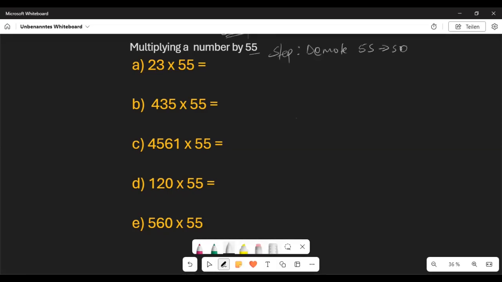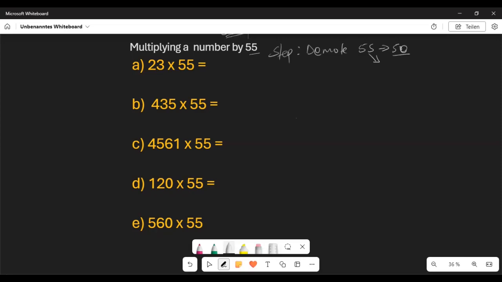We don't promote it, we reduce 55 to 50, because in the previous videos I showed how to quickly do a calculation with 50, how to multiply or divide any number by 50. There's an easy method for that. So we reduce 55 to 50 so that we quickly do that maths, and then later we add the remaining part, the 5. That's going to be easy.